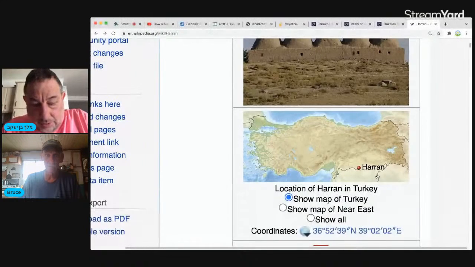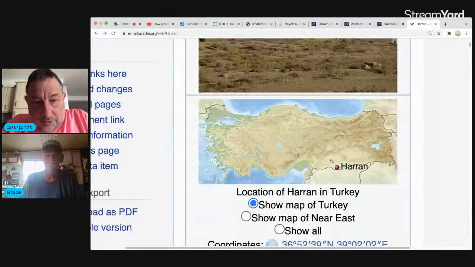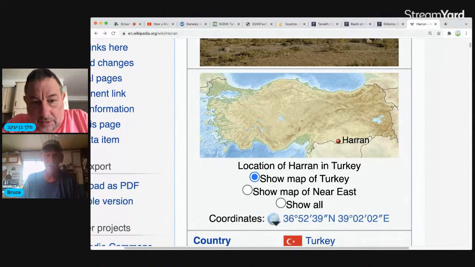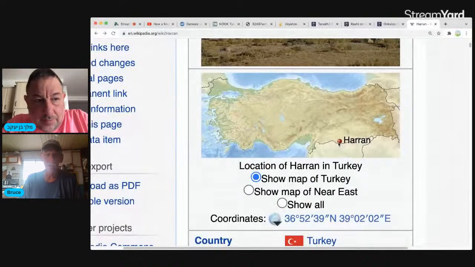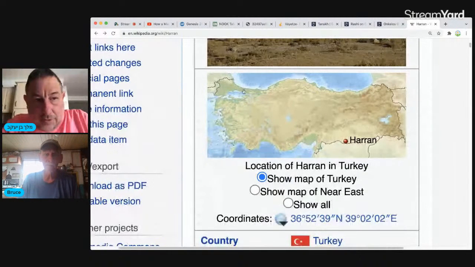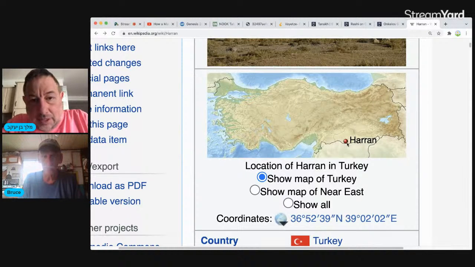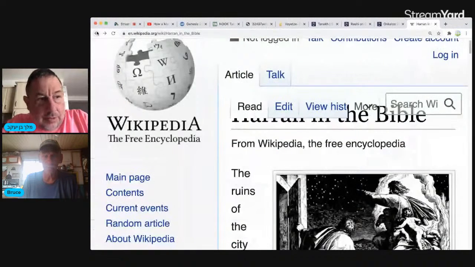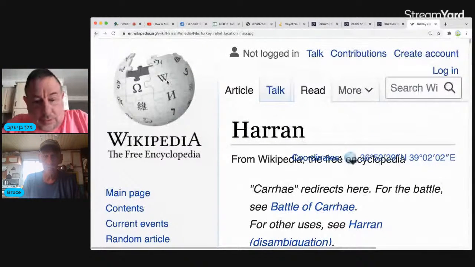If we look at the modern day boundaries, there's Turkey, there's Syria, and this is Iraq. So it's right on the border between Turkey and Syria, on the Turkish side of the border. Just for reference, Istanbul would be right over here, and that is the Straits of Bosphorus right over there. So it's all the way in eastern Turkey, right near the Syrian border. Okay, so that's Haran.